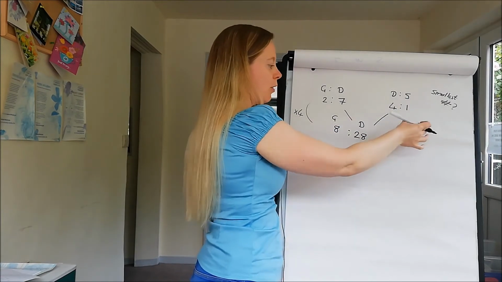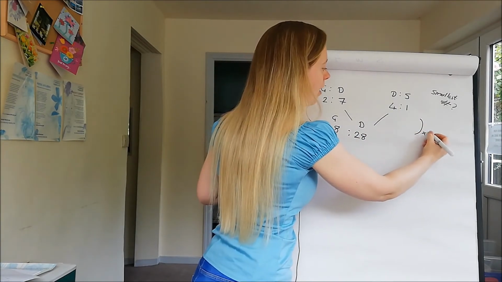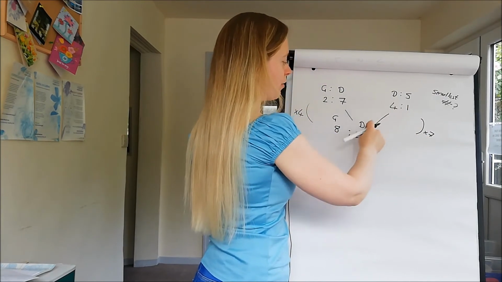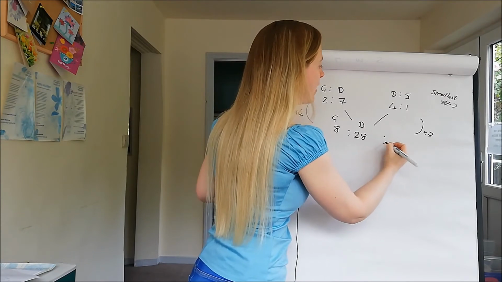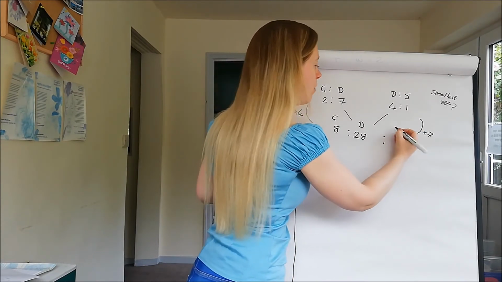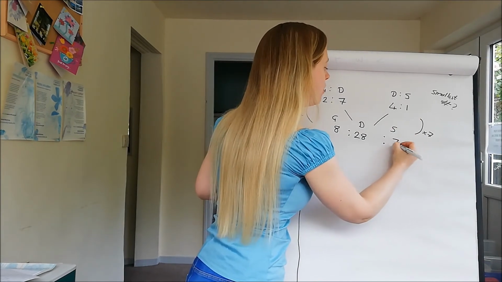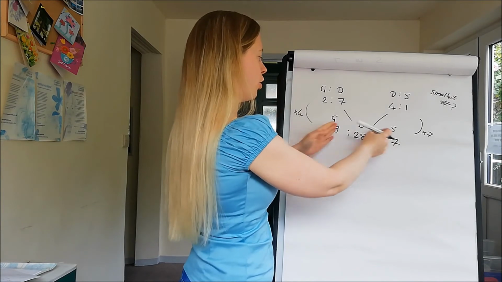I'm now going to scale up this ratio as well. So to get from 4 to 28, I've times by 7. And therefore I need to scale up my swans by a factor of 7 as well. So 1 times 7 gives me 7. And my ducks, 28, can go in the middle.